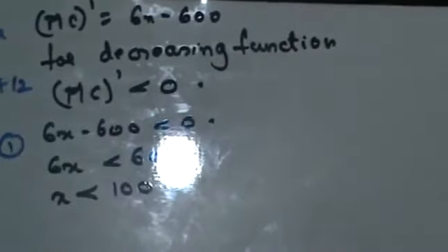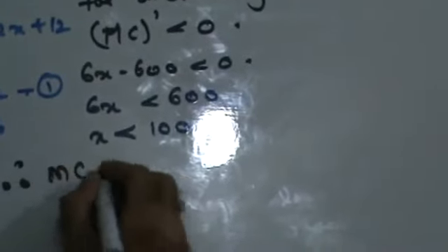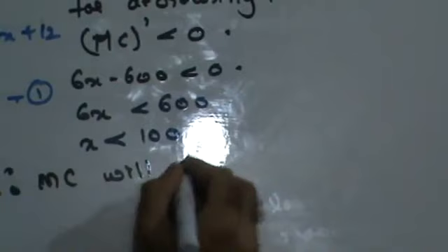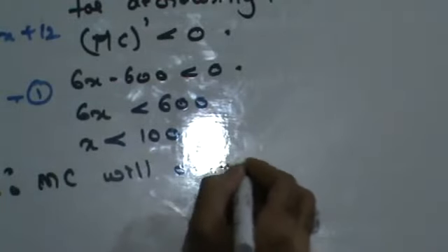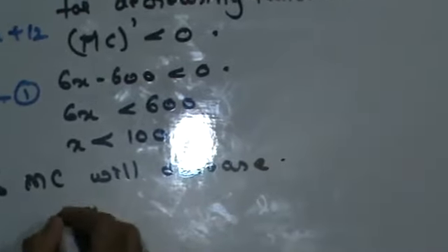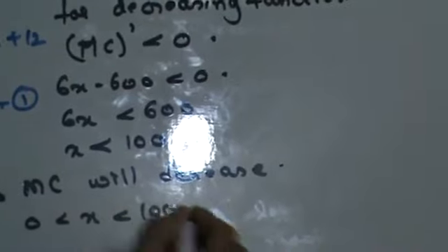So the marginal cost will keep decreasing so long as you produce less than 100 units. Fine, do we get this thing clear? Therefore marginal cost will decrease if x is greater than 0 and less than 100.